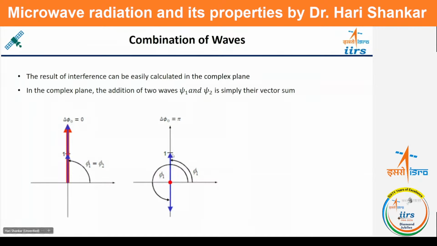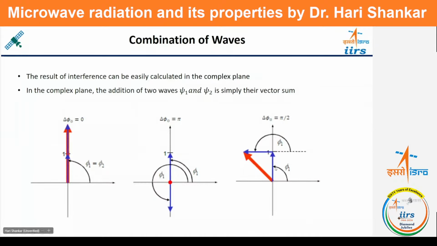The phase of this one is 90, the phase of this one is 270. So 270 minus 90 is pi, so the phase difference between these two signals is pi. One is working towards this side, another towards this side, so the resultant will be 0. That resultant is shown by the red dot, meaning no strength of the signal.